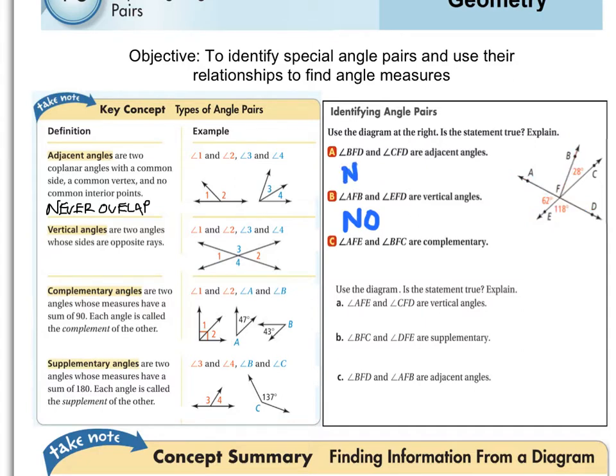Now, example C, AFE and BFC are complementary. So let's take a look at AFE right here. And BFC is right here.